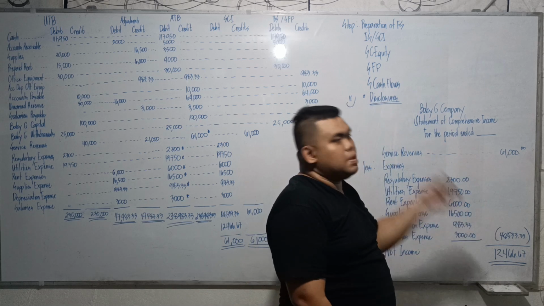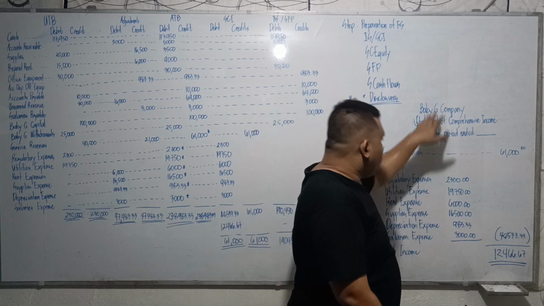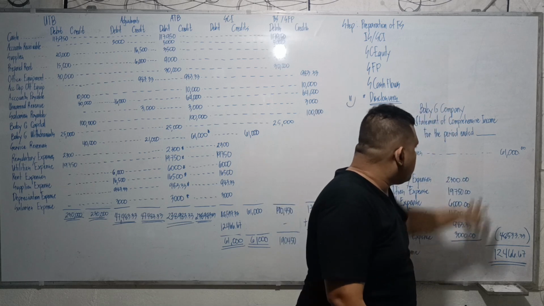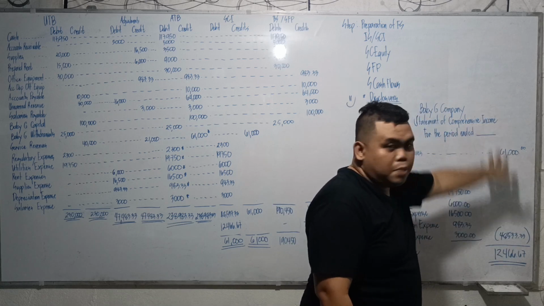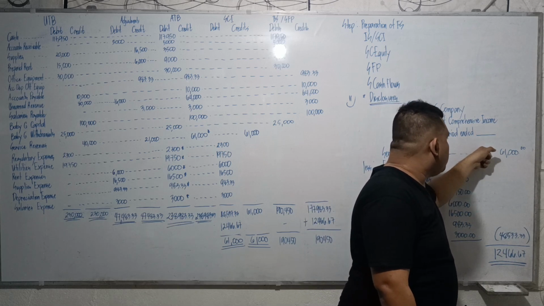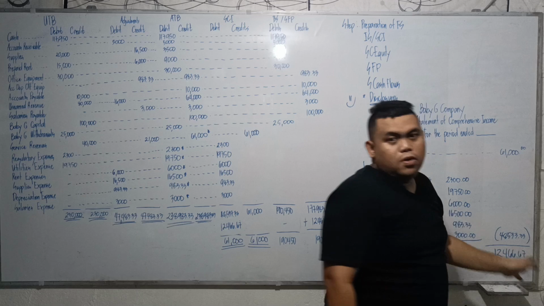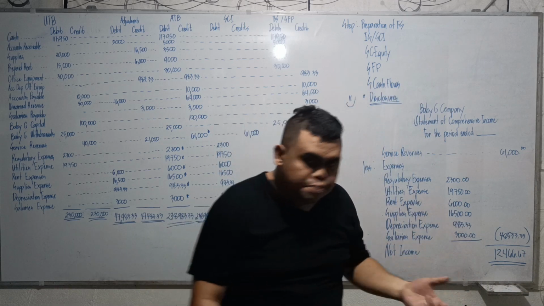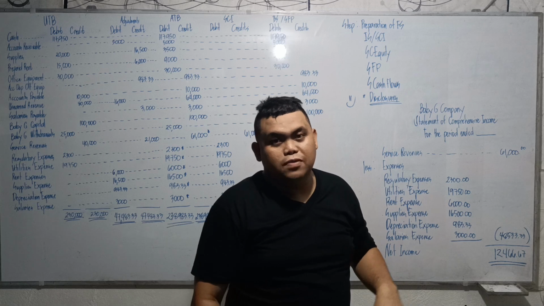Okay? So why is that? Because in actual practice, if you are going to present the numbers for the current period, you are required to compare it with the past numbers. For example, if this is 20x3, the 20x2 numbers are also presented for comparison purposes. So basically, that's the statement of comprehensive income.